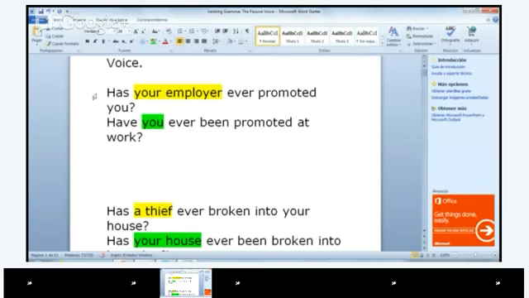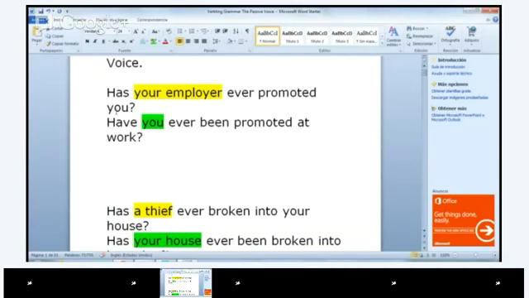So the first situation: has your employer ever promoted you? Now this is present perfect, and in yellow you have the original subject. This is the doer or the actor of the verb.